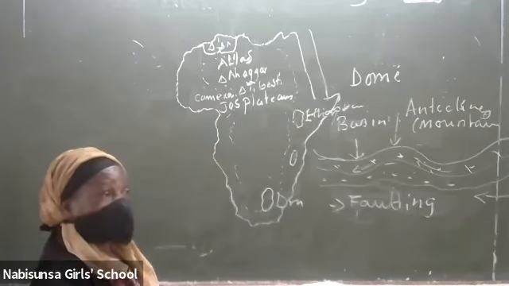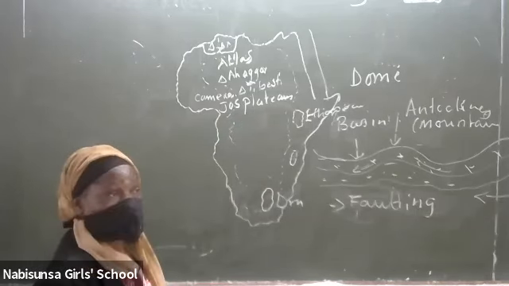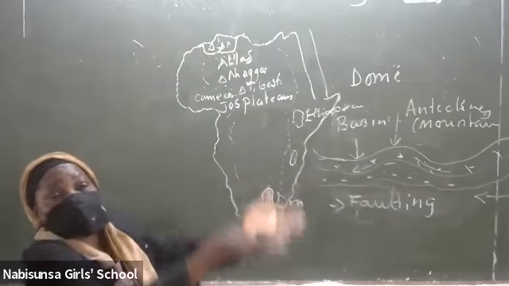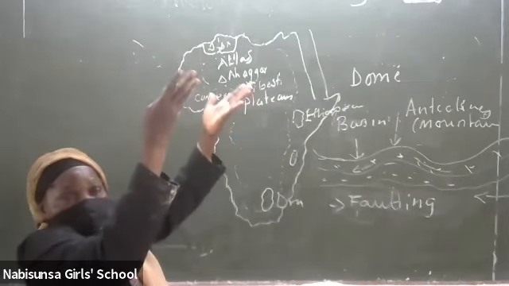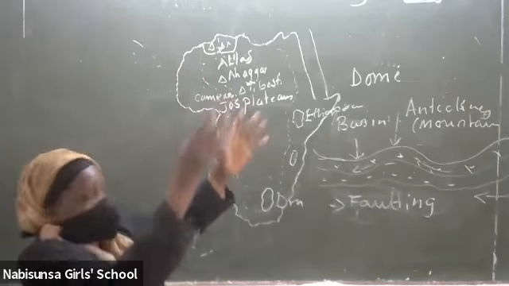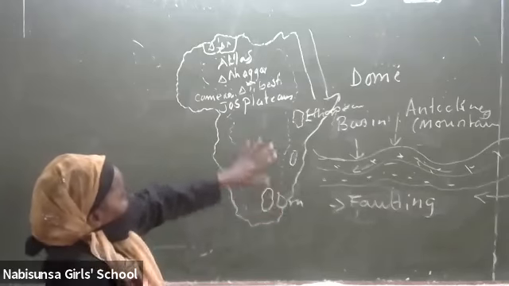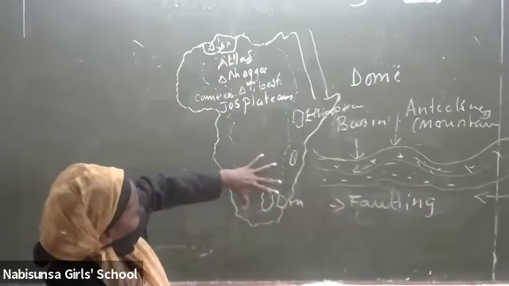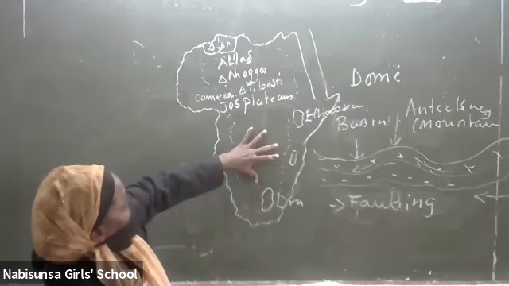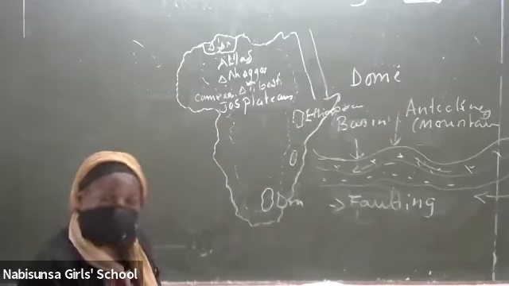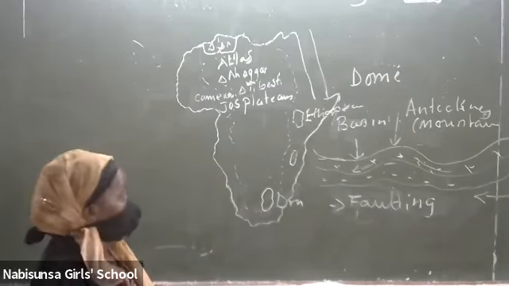A plateau is not flat as such, but it is a very large landmass which was pushed up by those convective currents. So you find that most of Africa, this central large part here, is a result of forces pushing billions of tons of Sial.